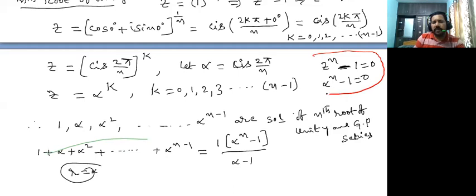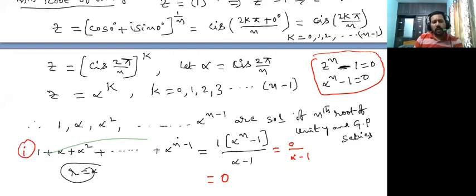Z power n minus 1 is equal to 0 is a polynomial equation, and in place of z, substituting alpha, because alpha is one solution. Finally, it is 0 divided by alpha minus 1. So what is the sum of the roots? 0. Remember it. The sum of the roots is 0. This is the first point.